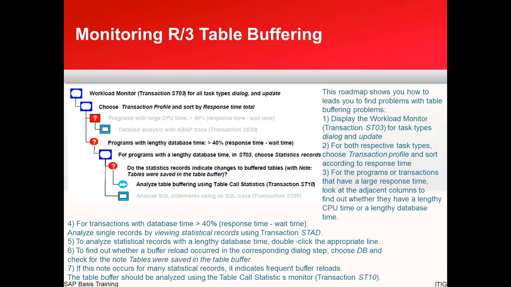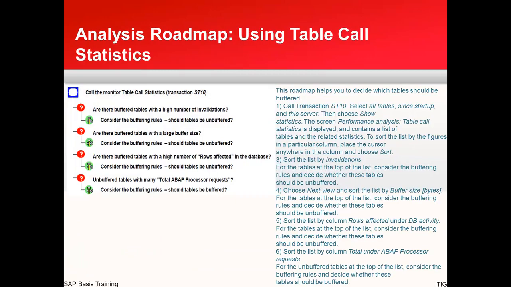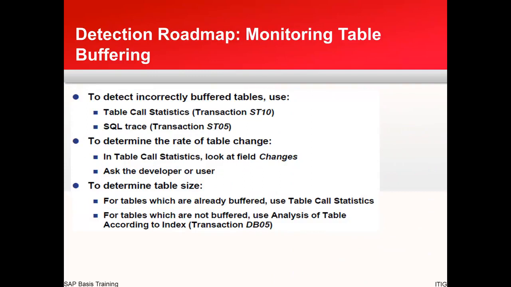Okay, so we will go there and let's look into that. This is an example of ST10, and this is basically its analysis roadmap using table call statistics. So this roadmap helps you to decide which table should be buffered. Then monitoring table buffering.